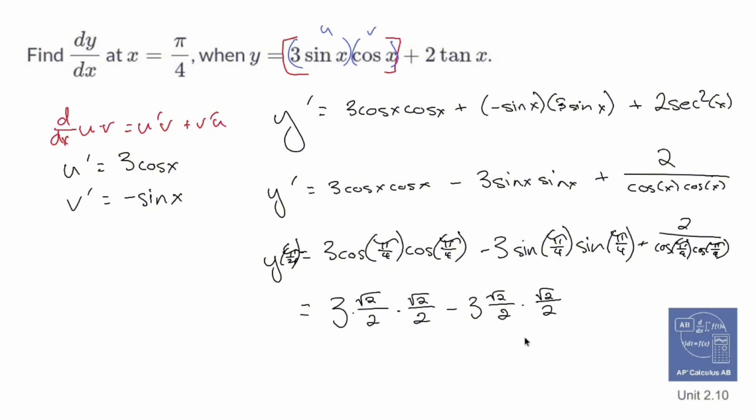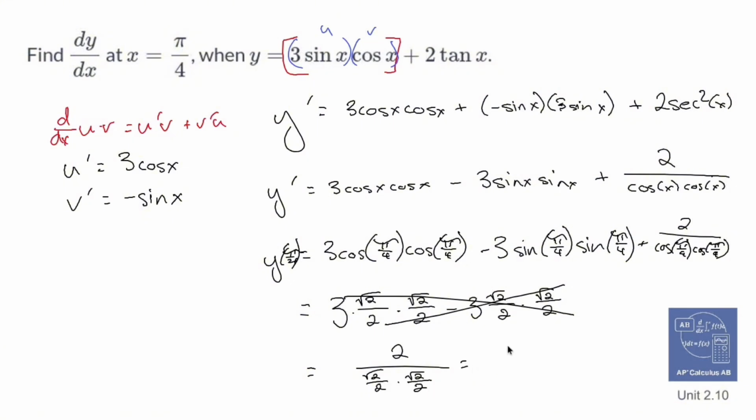Now, why is this good? Because you're thinking, oh man, I have to multiply all that. No, I don't. 3 times root 2 over 2 times root 2 over 2 minus the same exact thing goes away. And we're left with 2 over root 2 over 2 times root 2 over 2.